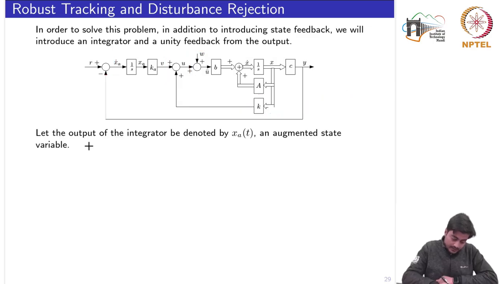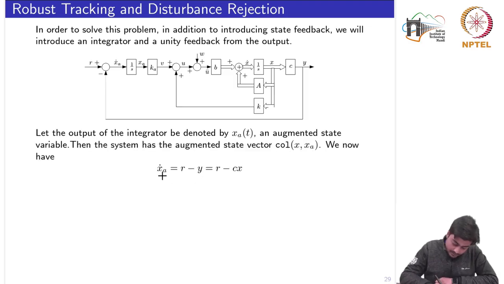Okay, so let the output of the integrator be denoted by xa, an augmented state variable. If we see from here, x dot a is given by the difference r minus y, and y is nothing but y equals Cx.